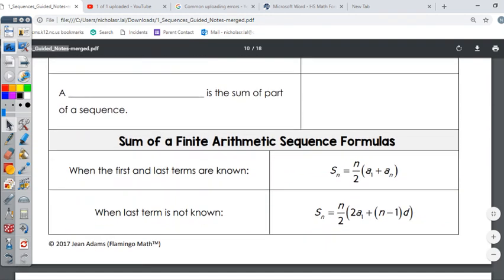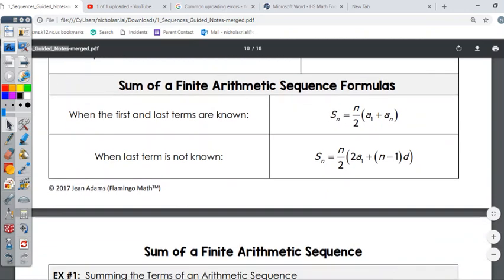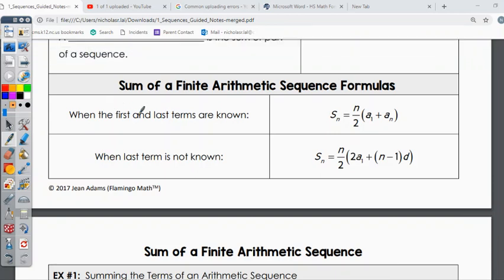All right. So you have the sum of a finite arithmetic sequence formulas, okay? When the first and last terms are known, this is called the sum. So this is a sum. n is the number of terms. A1 is the first term of the partial sum. An is the last term. So that's the first term, the last term, and n is the number of terms.